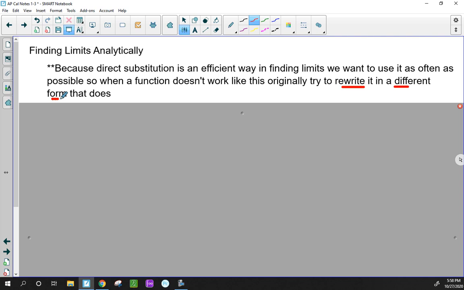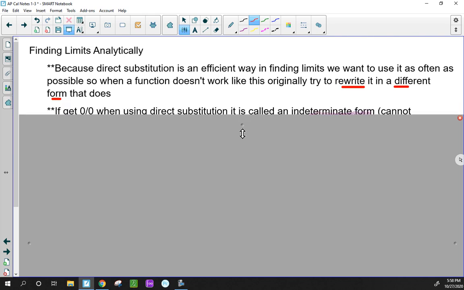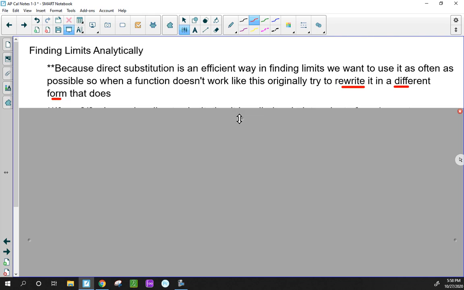And if you can do that using algebra, then you very well may be able to find the answer using this easy method. So if I give you a problem that when you substitute doesn't really work, you might want to try algebra skills to rewrite it in a different form so it does.